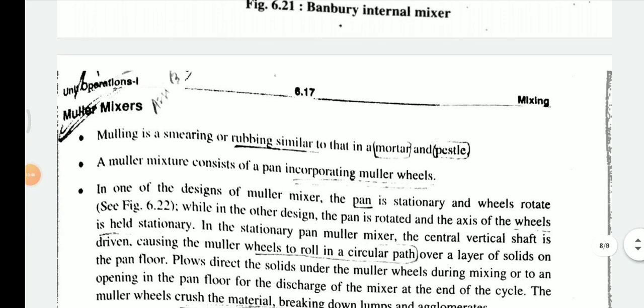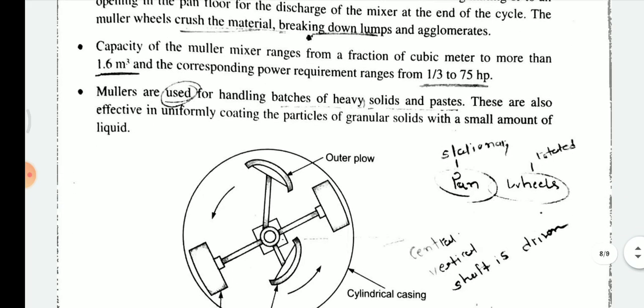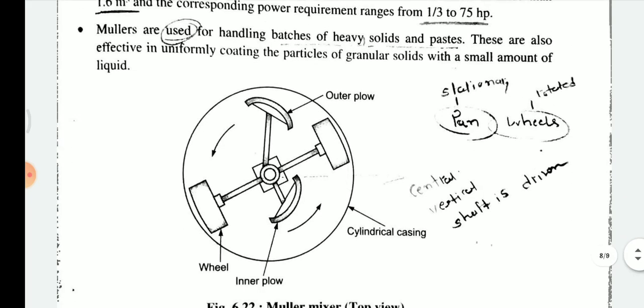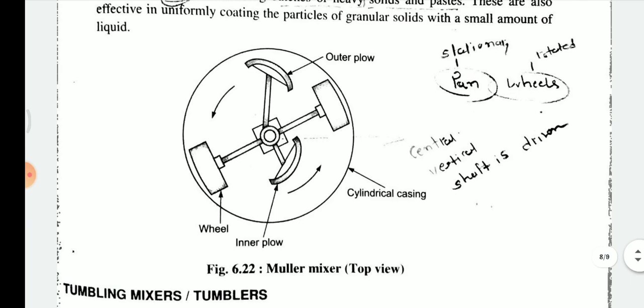Okay, then the next one is the Muller mixer. It is another type of mixing machine. So first we see the figure so that it can be understood more. This one is as seen from the top view.